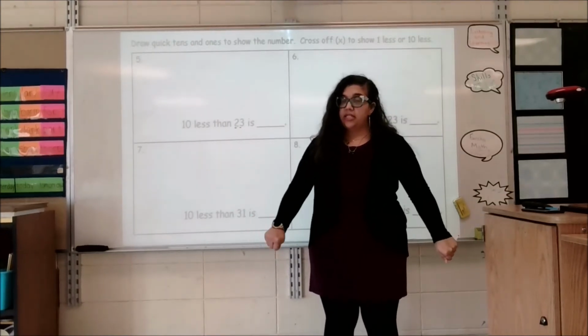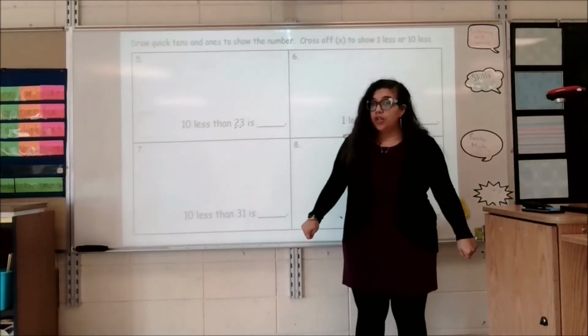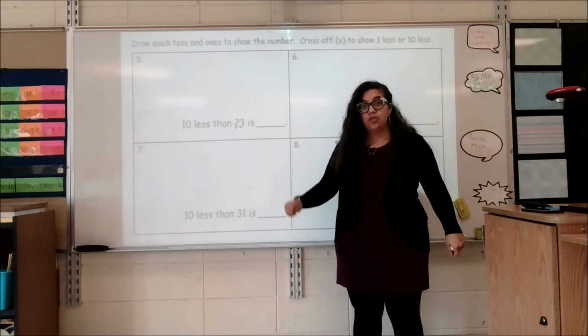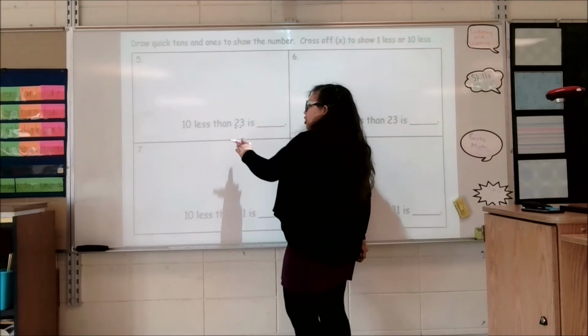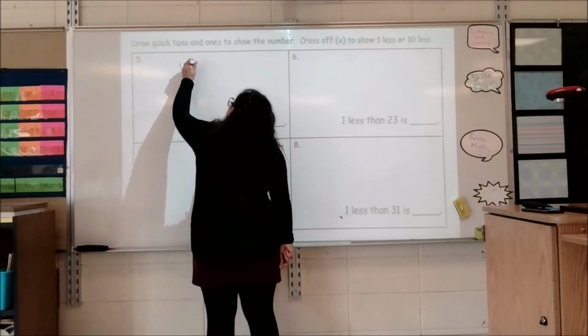What digit is in the tens place? The digit 2. And when 2 is in the tens place, it becomes 2 tens. What is the value of 2 tens? 20. Excellent. So let's use our quick ten strategy to draw 2 tens, which has the value of 20.